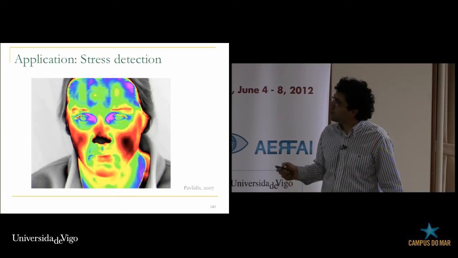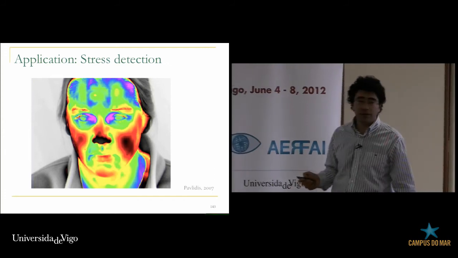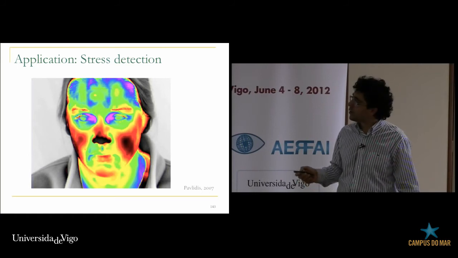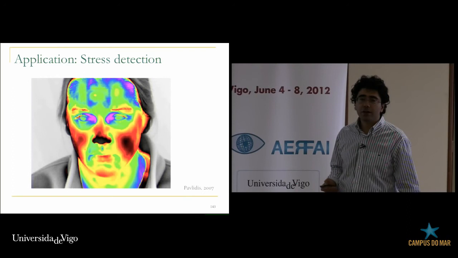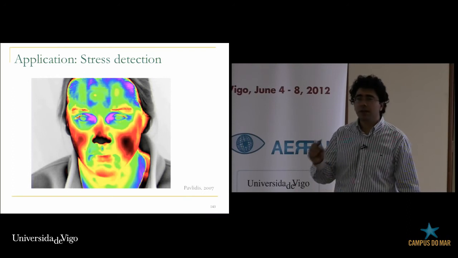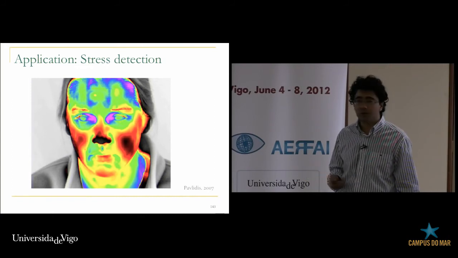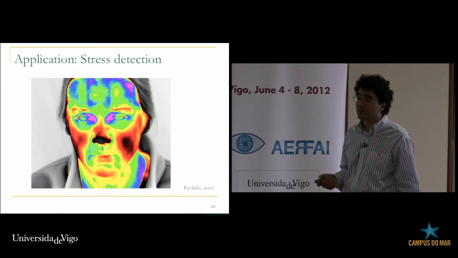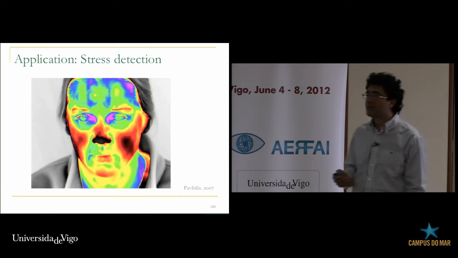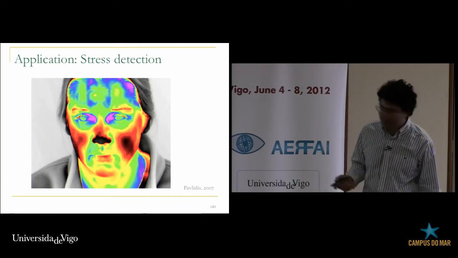Theo Pavlidis was looking at thermal cameras for stress detection. So the veins around the nose area apparently can indicate whether you're under a lot of stress or not if you look with the thermal camera. But it's a very expensive modality, so I think the FBI has a few, but nobody else is using this.